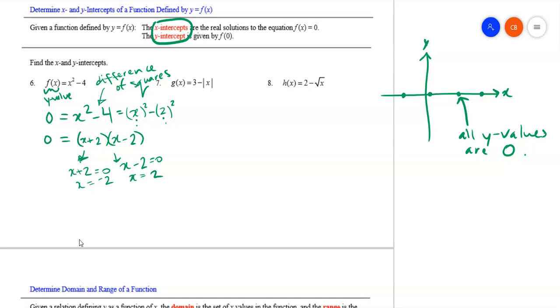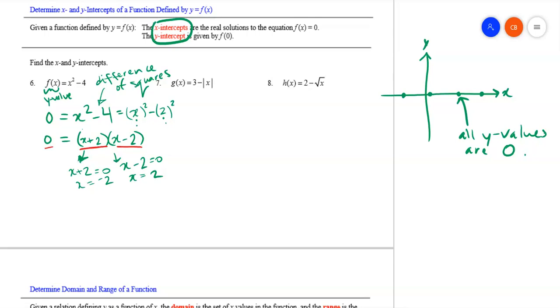If you're wondering why I split it up into two equations, it's because here we have multiplication of something times this one, and we end up getting 0 as an answer. That's only possible if one of the two things or both of them are 0. So we say, well, this product can be 0 if x plus 2 is 0. It also can be 0 if x minus 2 is 0. And then those are the x-intercepts.